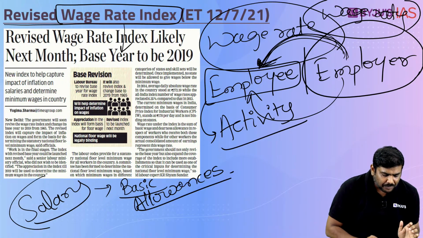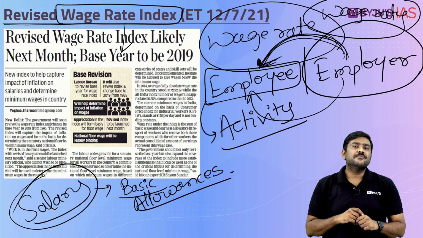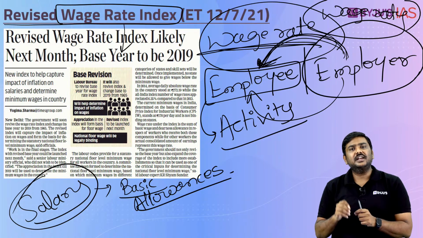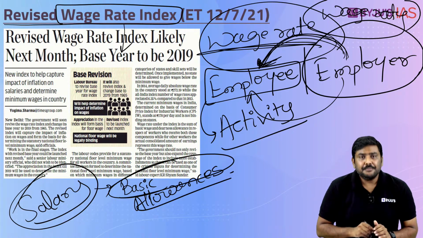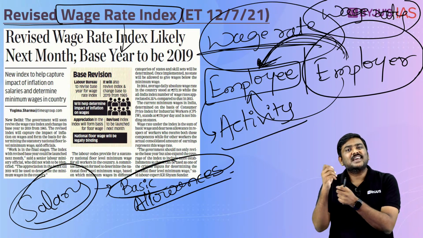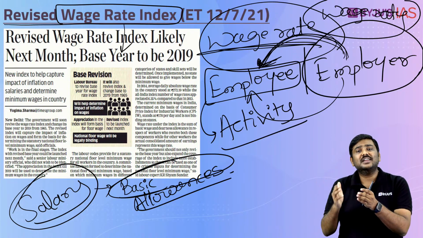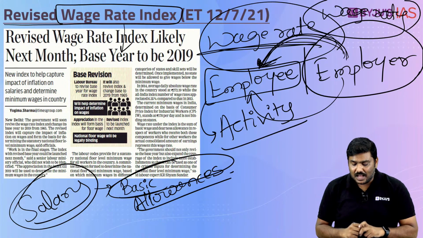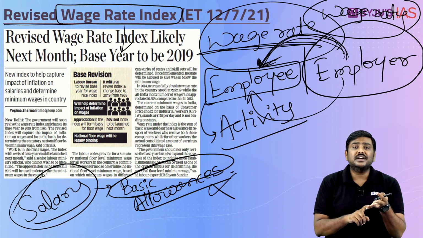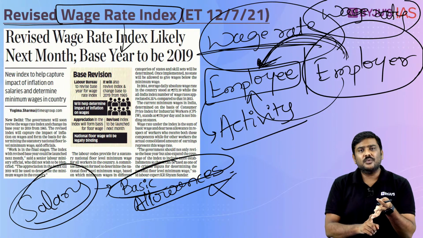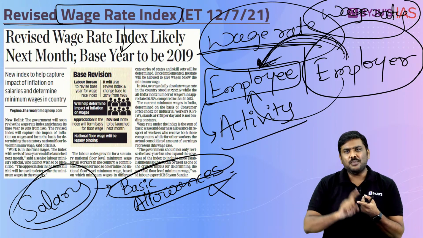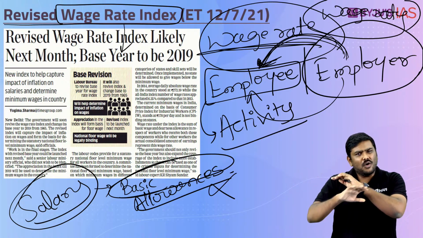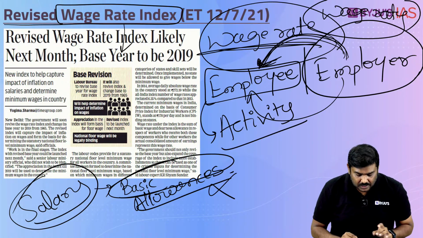So all of it is a part of the salary, but please understand this, whenever you talk about the wage rate, you generally consider the basic wages or basic salary that is provided. In addition to this, if there is any other allowance related to basic wages, only those are calculated. Other allowances such as house rent allowance, the transportation allowance, medical allowance, the bonus, gratuity, social welfare benefits, all of these are not part of the wage rate.